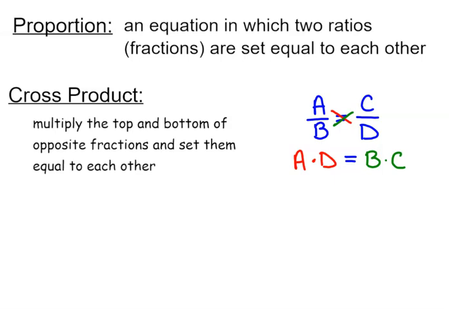Okay, that is our cross product. If you need more time with the information on the screen, go ahead and hit pause. When you're ready, we're going to move on to the examples.